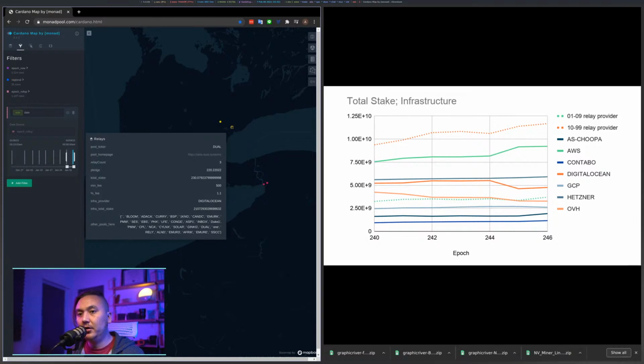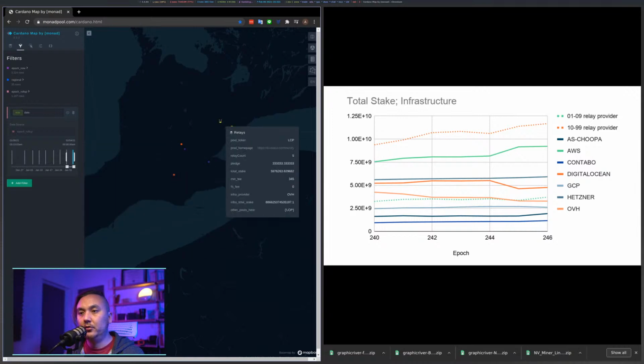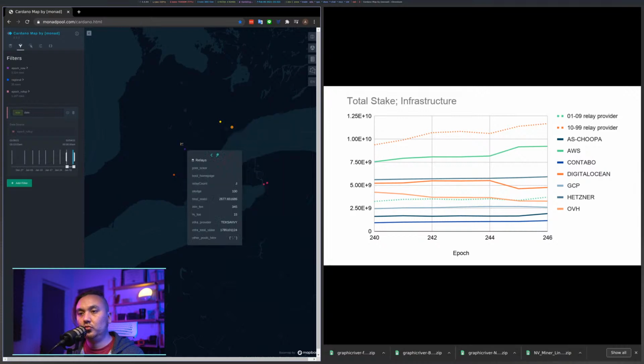So this little dot with ticker dual, he's running on DigitalOcean. You can see that right here, his infrastructure provider is DigitalOcean. If we go over to here, they're using OVH. At some level, it's resolving to OVH.